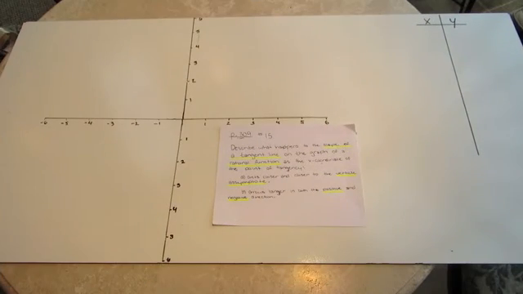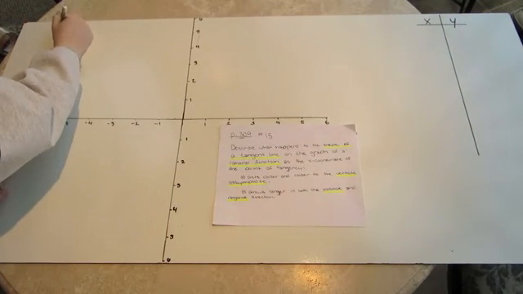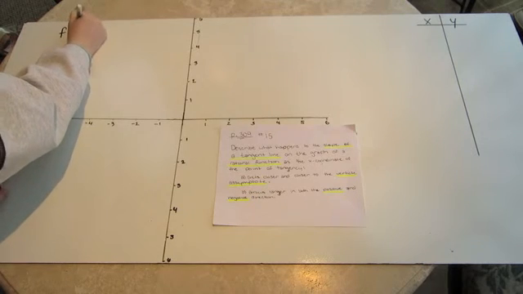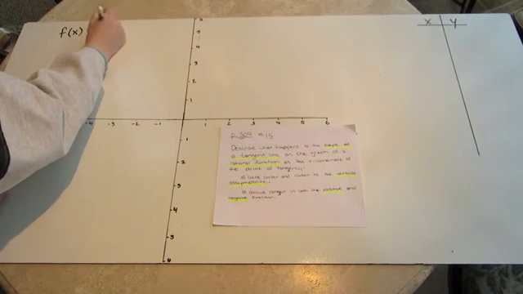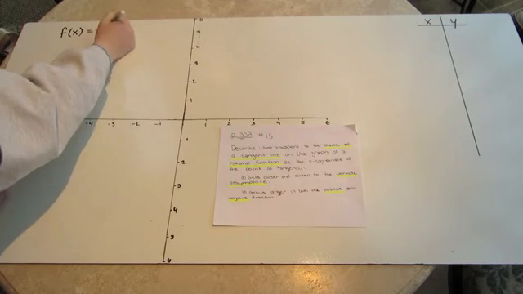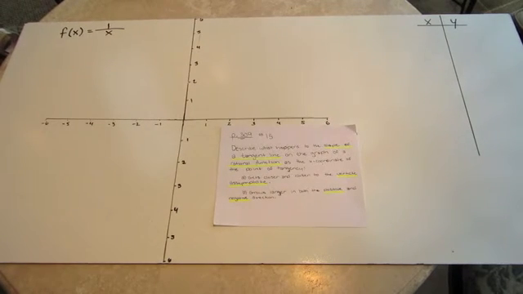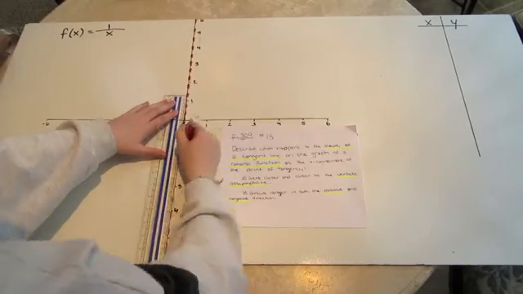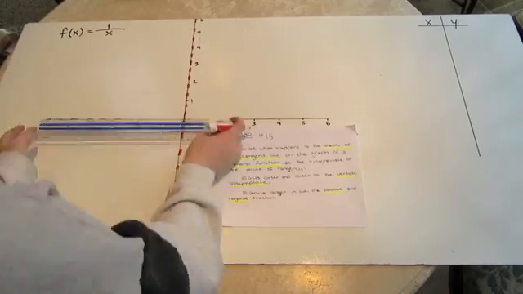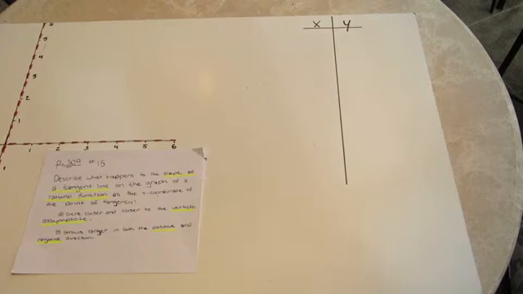Next, we will graph the function f of x equals 1 over x. First, I will draw in the horizontal and vertical asymptotes. Next, I will choose x-coordinates to the left and right of the vertical asymptote.